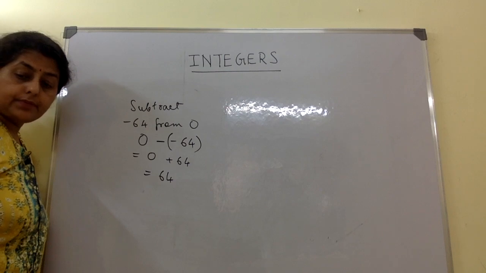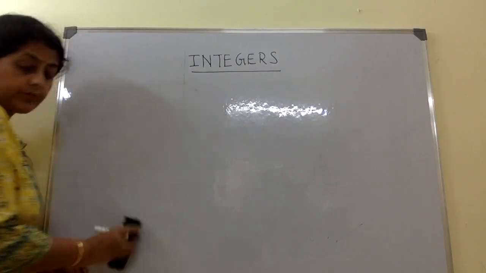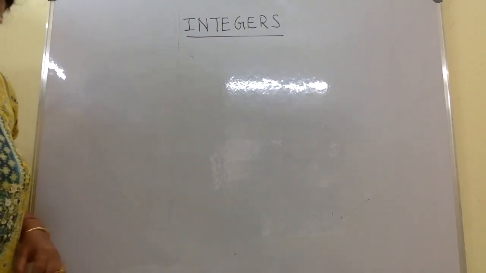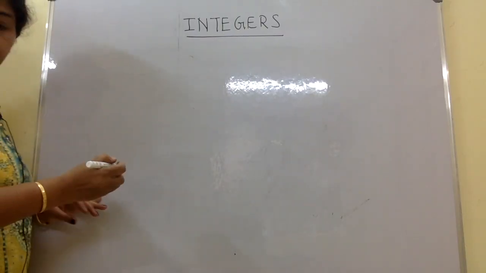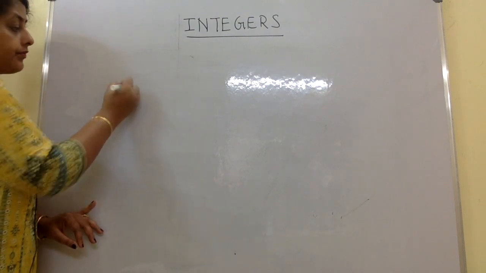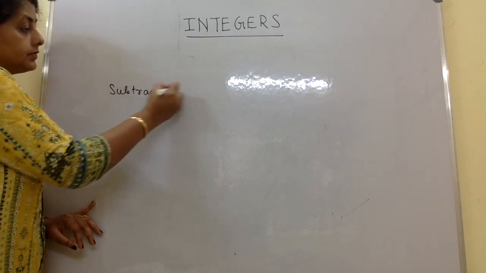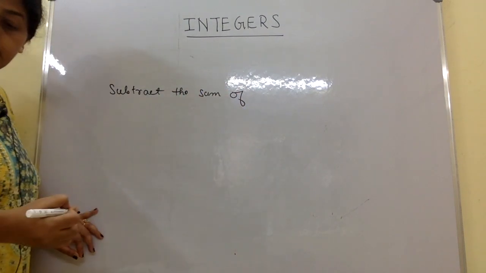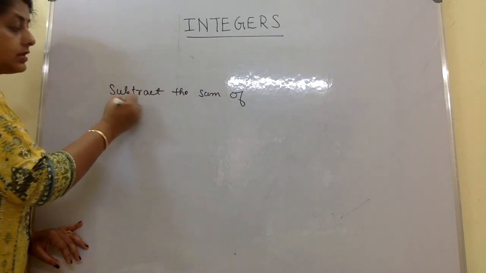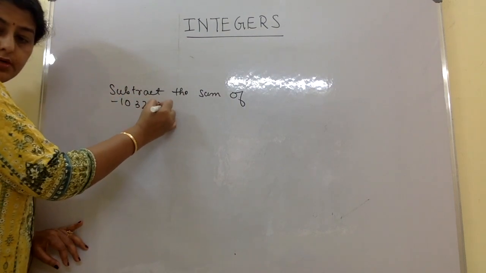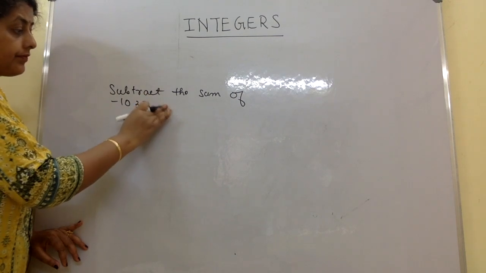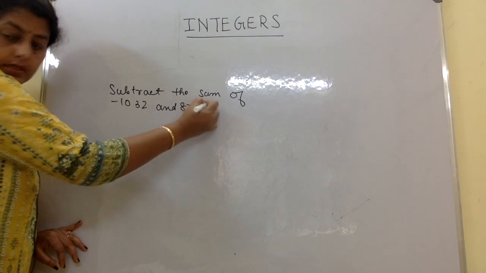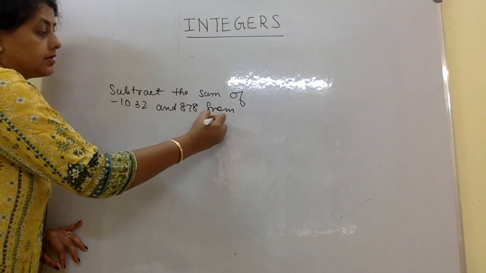Answer is 64. Now I shall be doing one sum, which says subtract the sum of minus 1032 and 878 from minus 34.